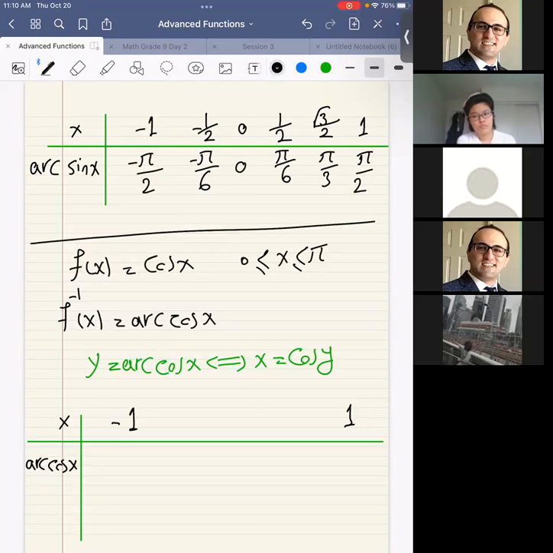So what angle is it? What is the angle whose cosine is 1? And it has to be between 0 and pi. Yes, it's 0. It has to be between 0 and pi, and this is very important.